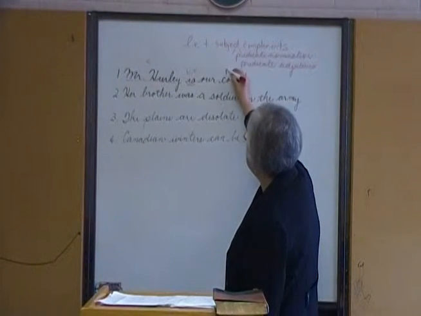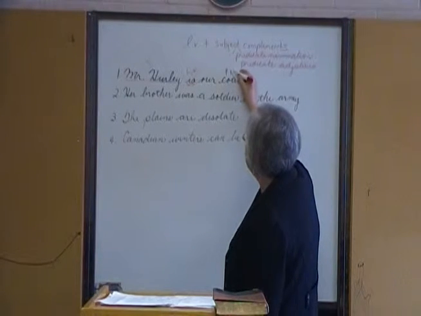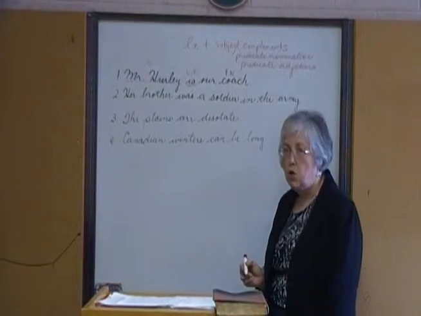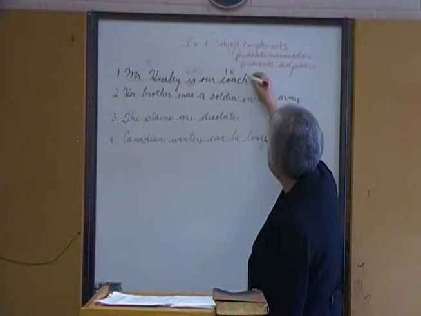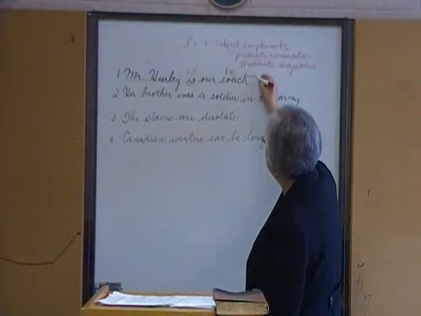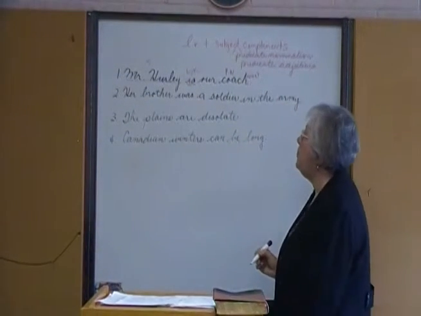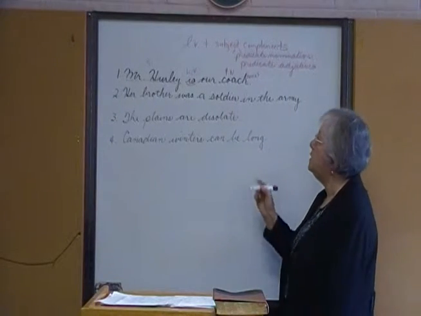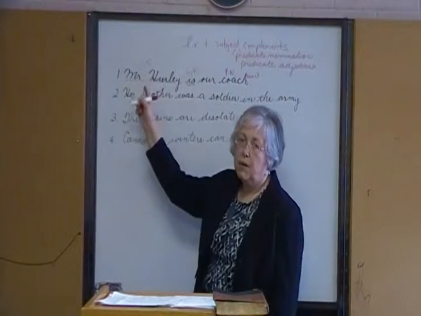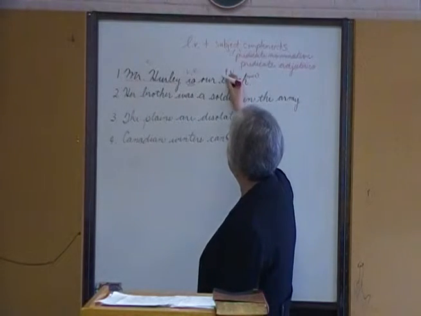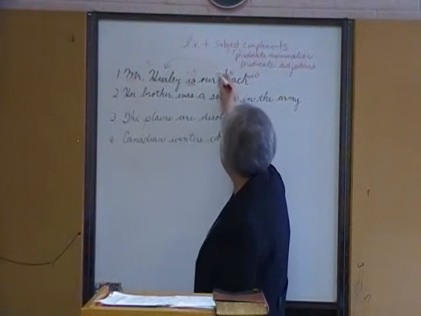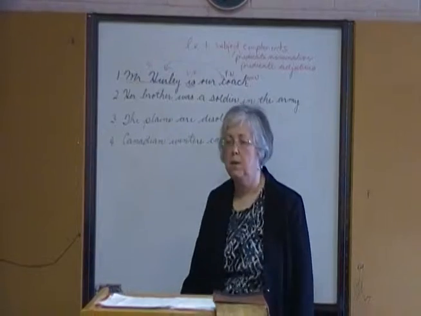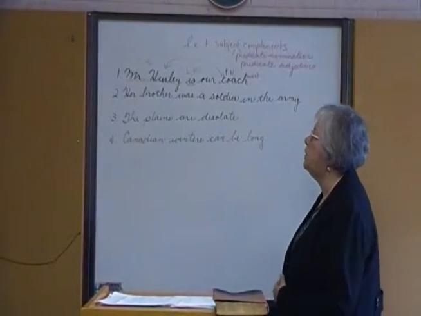Coach is, and I'll use the abbreviation, a PN. It's a predicate nominative. It is a noun. All right, now this predicate nominative is a subject complement because it's identifying Mr. Hurley. Coach and Mr. Hurley are the same people.